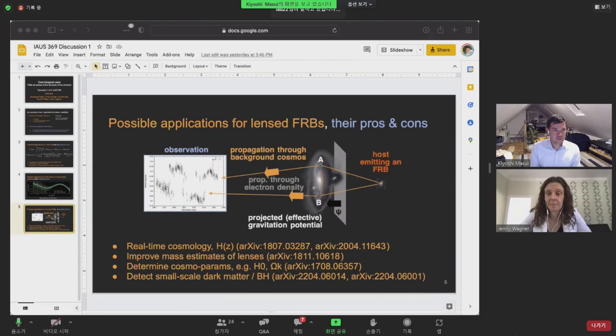Okay, another question from me in JMA. You have mentioned that this can be used to improve the mass estimate of lenses. I wonder, for strong lensing systems like H0LiCOW or TDCOSMO, they do obtain multiple images of a background variable star or variable galaxy.